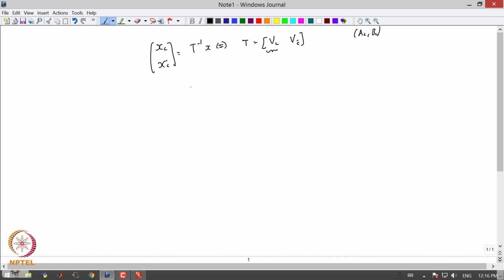Okay, and similarly what we saw with the observability was that I have XO bar in such a way that this decomposition comes via again some T inverse times X, where T was V naught bar. Okay. So these columns form a basis for the unobservable subspace, and these columns form the basis for the controllable subspace, as we saw just in the previous slide.